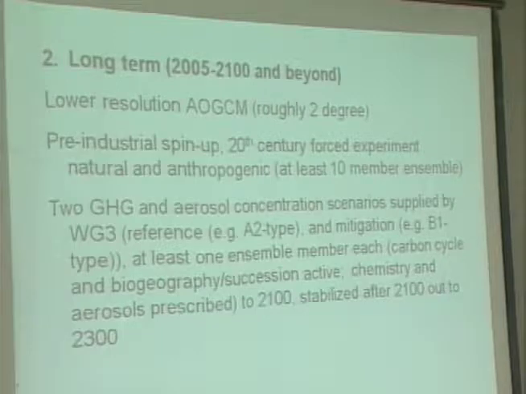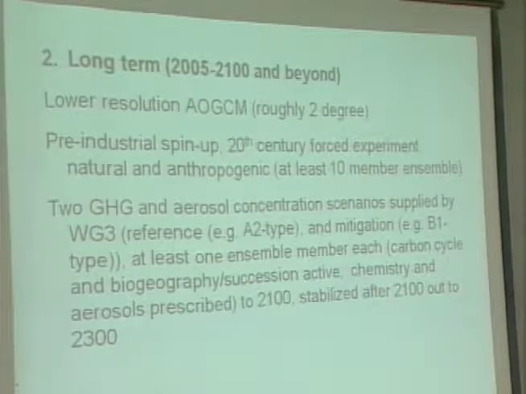One thing to possibly consider, and I think it'd be a little easier and more consistent to do to 2300, is in a sense an A2 or A1B, some high emission scenario that is stabilized at a high level.